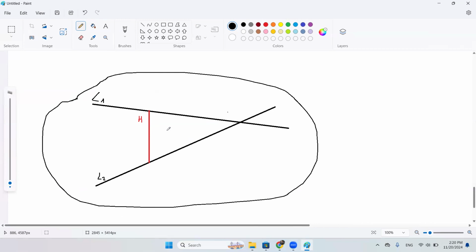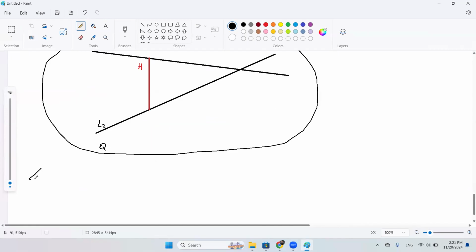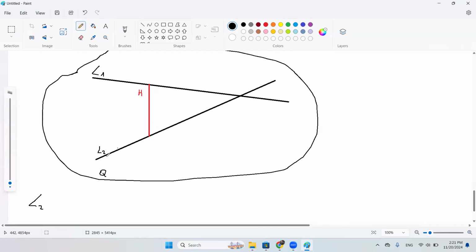So here is the plane Q. We mark that the plane Q passes through the line L2 and is parallel to L1. So L2 belongs to Q, and Q is parallel to L1. So it's important that we have only one such plane.